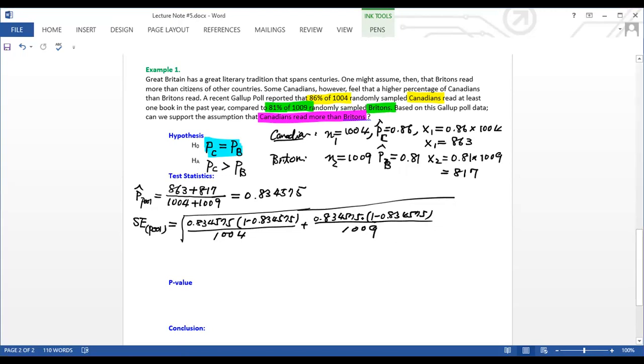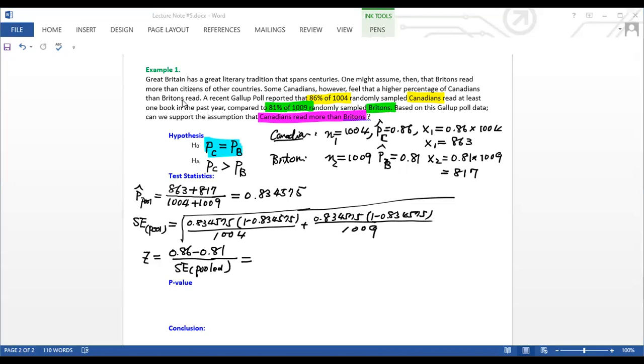You calculate this one and then put it into your z-test statistic. Your z-test is the P1 hat minus P2 hat, so 0.86 minus 0.81, divided by this big number, whatever you get here. Now you will be able to get your test statistic.